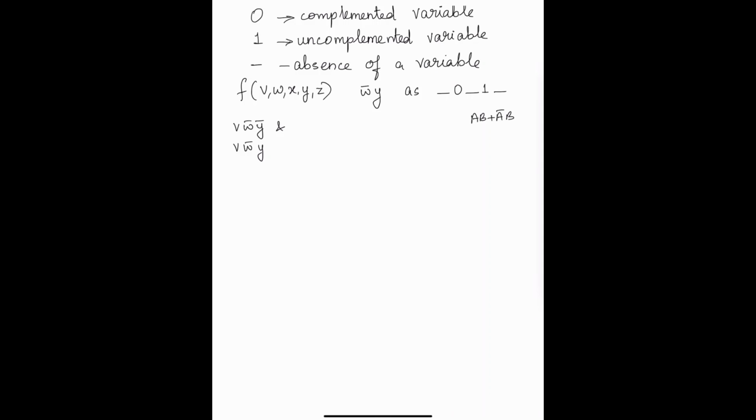So if you combine these two, y and y bar will get cancelled. So the combined term will be v w bar. So v w bar with respect to zeros and ones can be represented as 1 0 dash dash dash. So this is how we represent it.